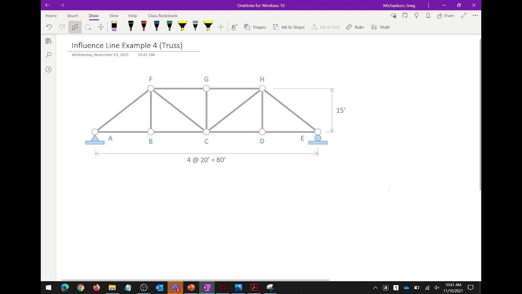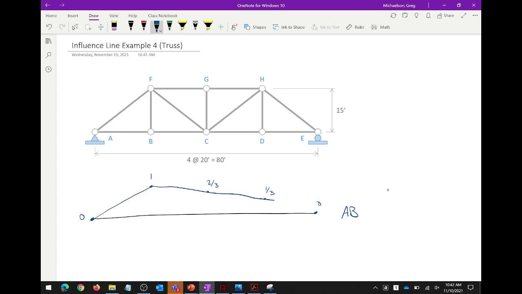There's my pen. I propose that if I wanted to draw the influence line for member AB, it would be 0, 1, 2/3, 1/3, 0. Like that. That's the influence line. It's that simple. Does that make sense?